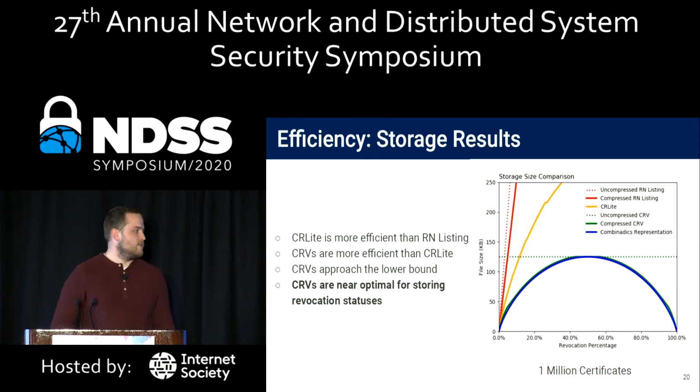So here we have a summary of our storage results for a revocation strategy covering 1 million certificates. So this graph shows the relationship between the file size, or the storage requirements, as we vary the revocation percentage. So CRL-lite here is depicted in yellow. It's the one right there in the middle, and we can see that it outperforms the revocation number listing strategy shown in red.